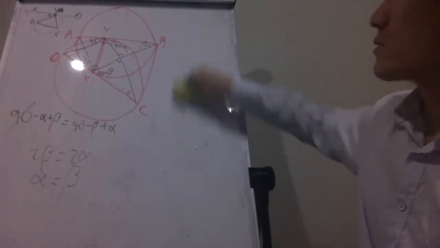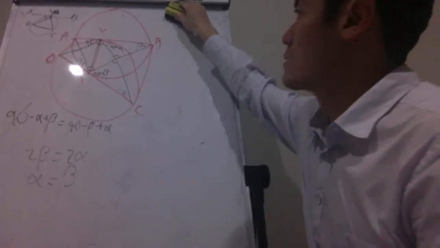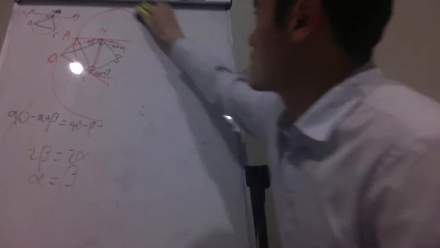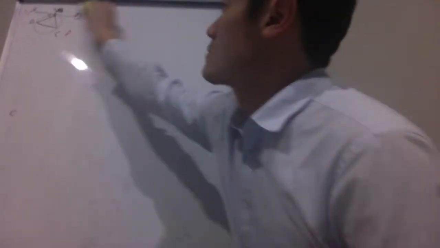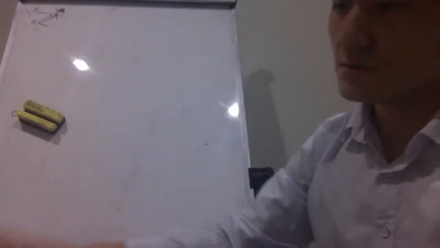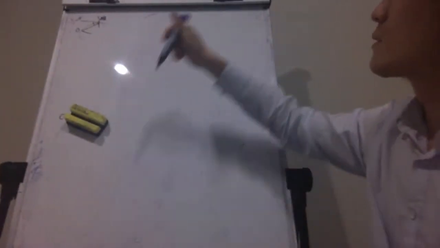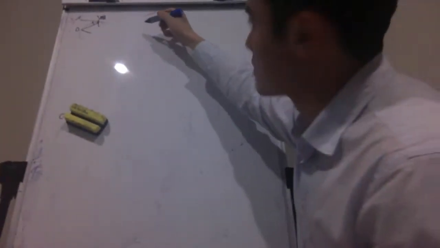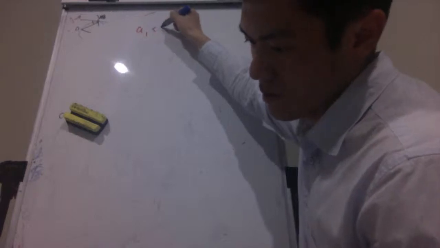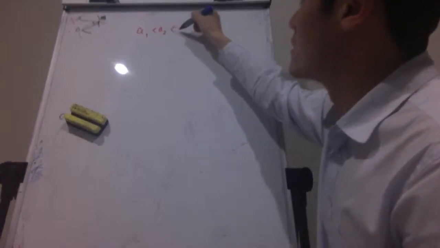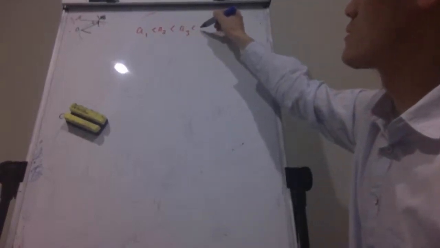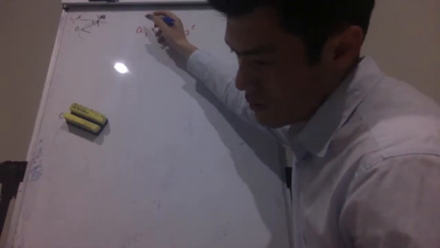So that was question 2, right? No, question 3. So what was it? You have A1 less than A2 less than A3, and they're all positive, are they?